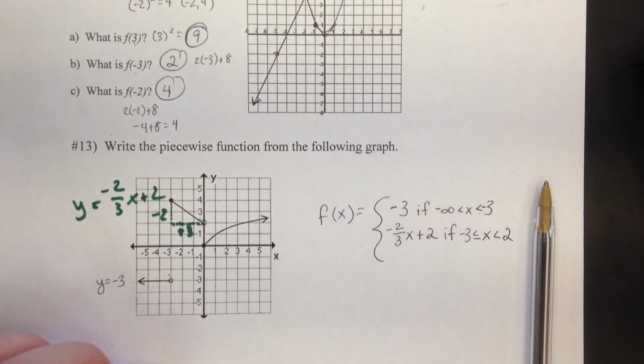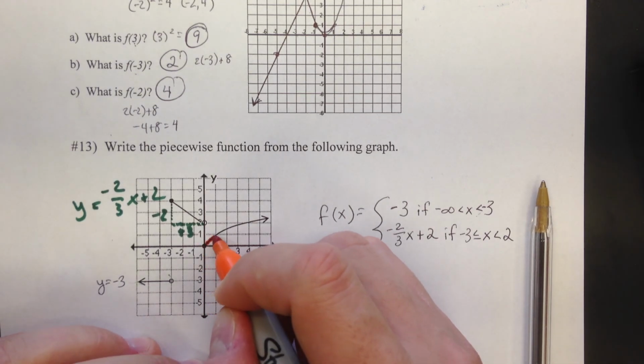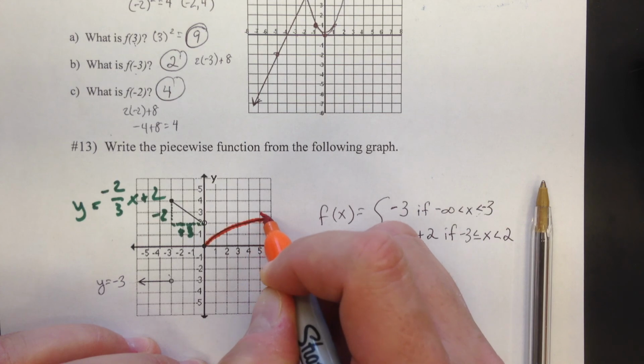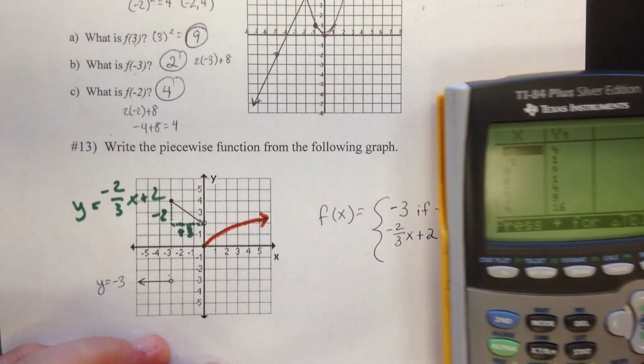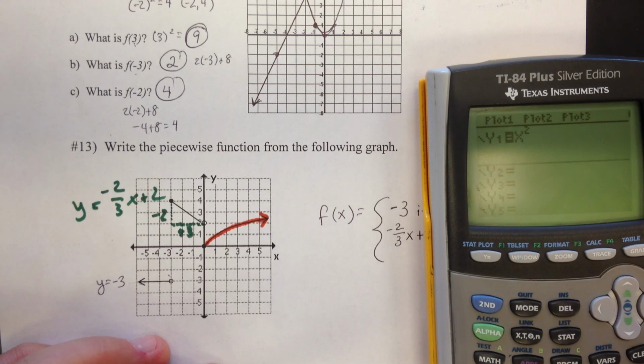Now the last piece here, this graph, this is different. This is not a line. You can see the curve. And if you look at your parent function sheet that you just did, that's going to look like y equals square root x. So there's my zoom 6. Yeah, that looks pretty good right there.